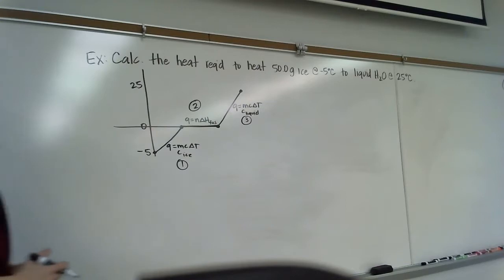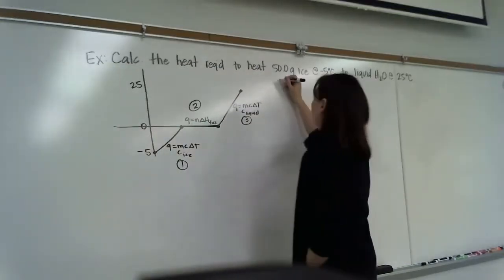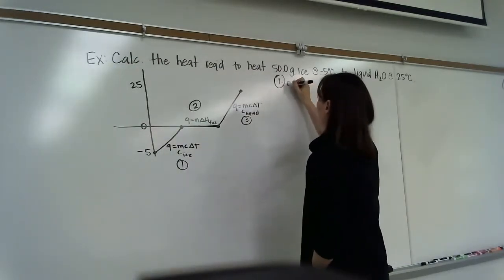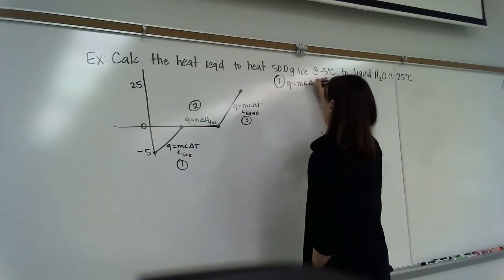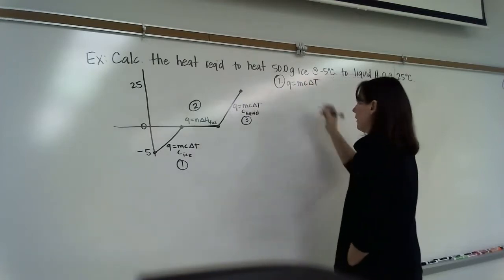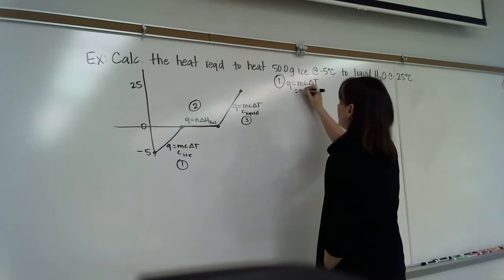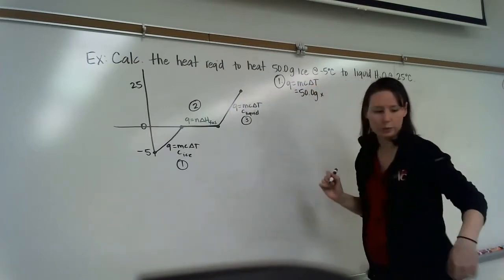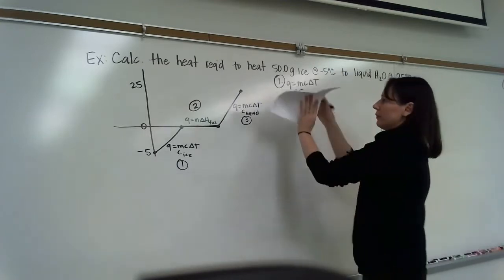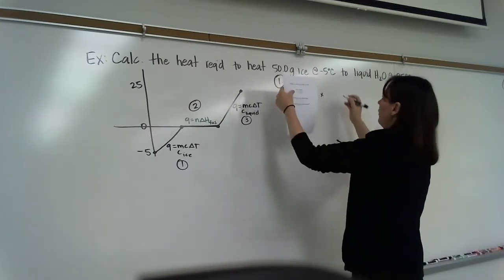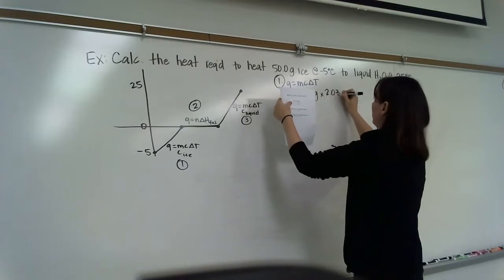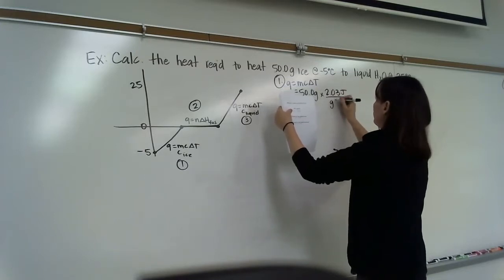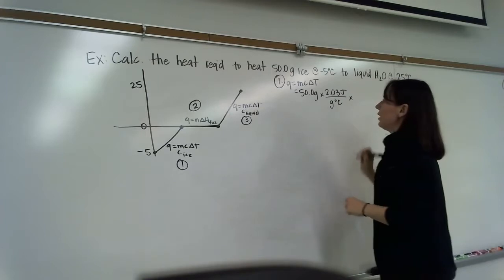All right, so let's go through and do all our calculations. Calculation number 1, Q equals MC delta T. The mass is 50 grams times the heat capacity of ice. What's that? Look at your handout. Heat capacity of ice is 2.03 joules per gram degrees Celsius. And what's delta T here?